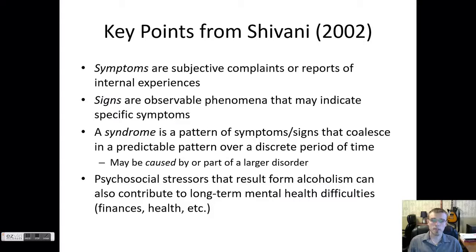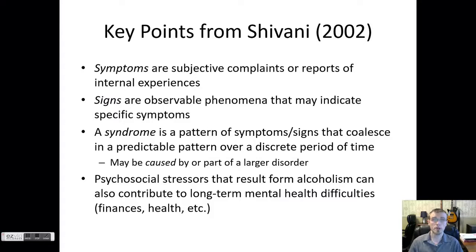A syndrome is a pattern of symptoms and signs that coalesce in a predictable pattern over a discrete period of time. So basically, this is a cluster of symptoms, very similar to how we categorize a mental health disorder. However, there's a very small difference between a syndrome and a mental health disorder, and it really just has to do with the extent to which we believe the cluster of symptoms represents the full nature of somebody's condition.